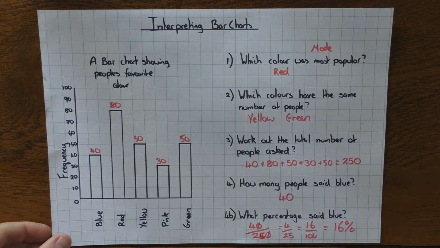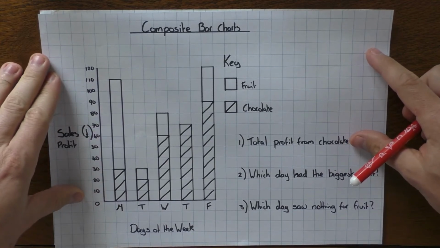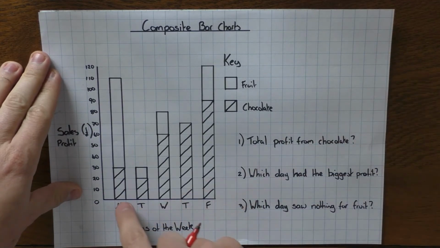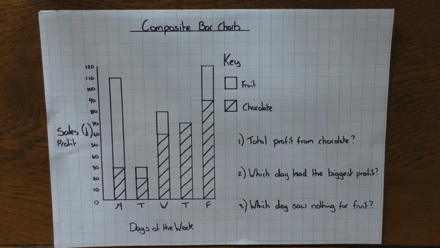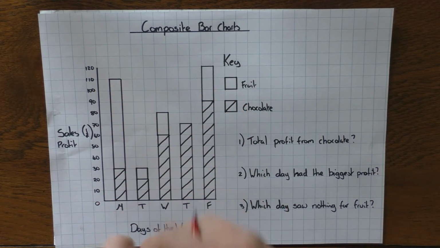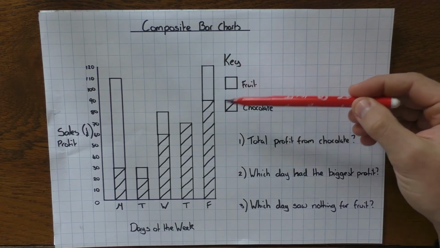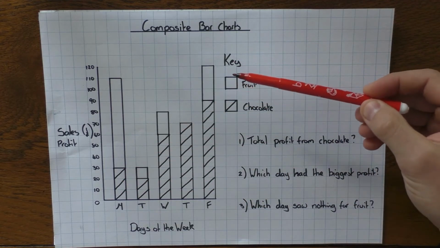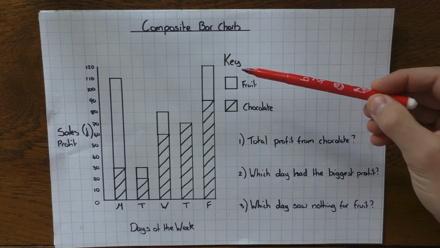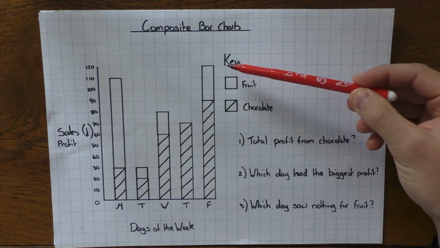Okay, so that's the first one to have a little look at. And the second one, and last example, is having a look at composite bar charts. Now, don't be put off by composite bar charts, it's just when you're comparing two things and they put the bars on top of each one. Okay, now what you will have is a key that shows you which bar is what, and if it's not here, please make sure that you spot it, as it might be a mistake.